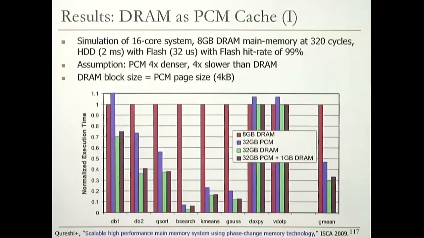Now, if you actually have a hybrid memory, 32 gigabyte PCM plus 1 gigabyte DRAM, because DRAM is costly, you get very close to 32 gigabyte DRAM. That's the idea. So the hybrid memory is almost the same cost as these two over here, but it gets the performance of a much more expensive memory.